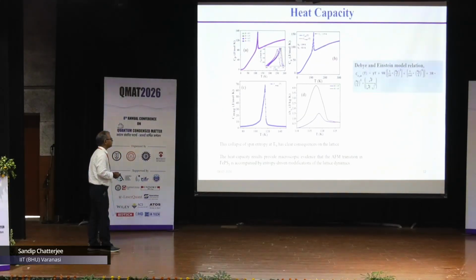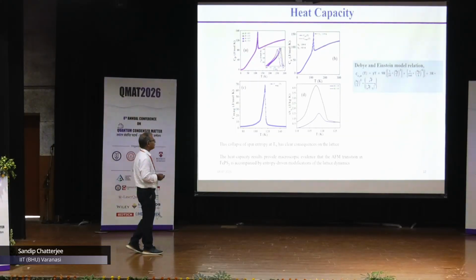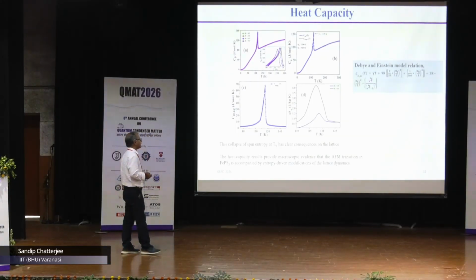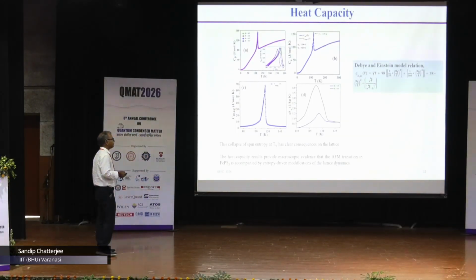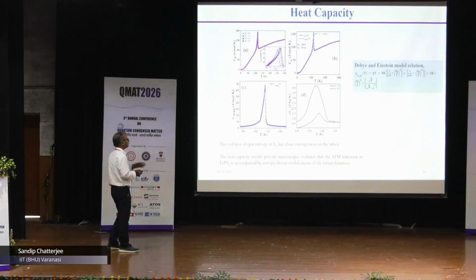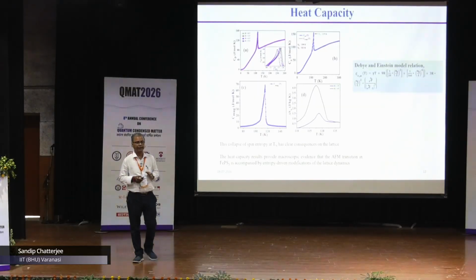So from this measurement we have macroscopic evidence that the antiferromagnetic transition in FePS3 is accompanied by entropy-driven modification of the lattice dynamics. And when we apply the magnetic field, the entropy is observed to increase. That increase suggests that a magnetocaloric effect exists.